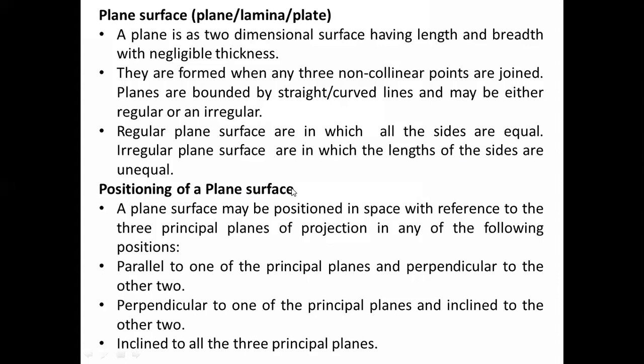And we are already seeing orthographic projection of solids. So we started from a point, then we shifted to a line which has a minimum of 2 points, then we shifted to a plane which, if it is a closed polygon, has a minimum of 3 lines.